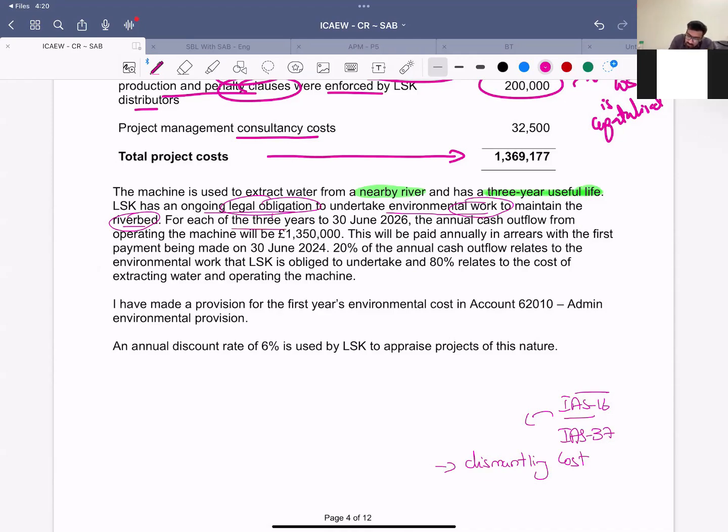So for each of the 3 years, the annual cash outflow from operating the machine will be 1350. This will be paid annually in arrears, with the first payment being made on 30th June 2024.